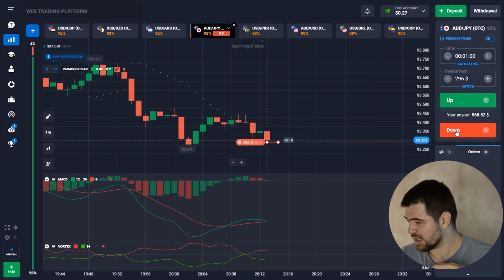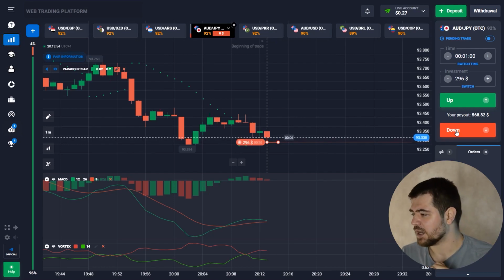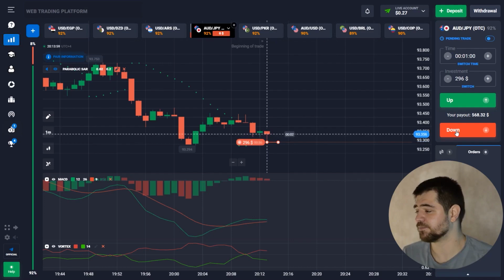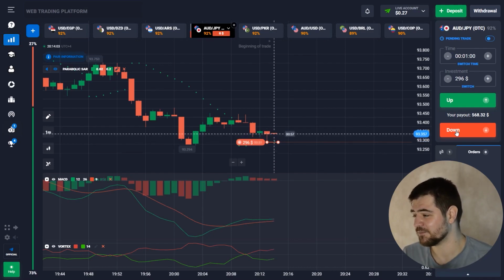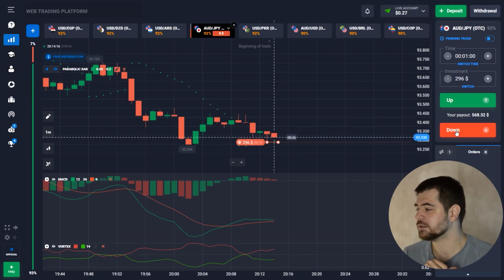So I expect price to drop, and then also we have Quotex that's also showing that, so the red line is actually trying to dominate and goes up, making the gap bigger. That means the one that's at the top is dominating.